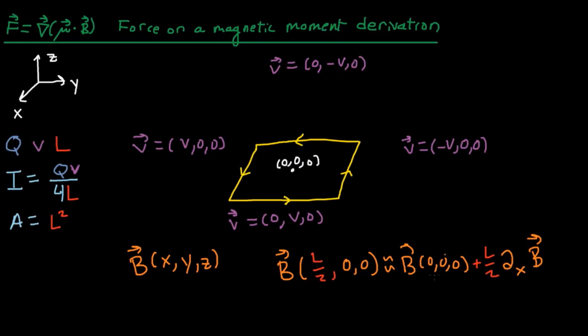So this is a first order Taylor expansion, and here we're assuming that L is small and B isn't going to vary much over the length scale of L.